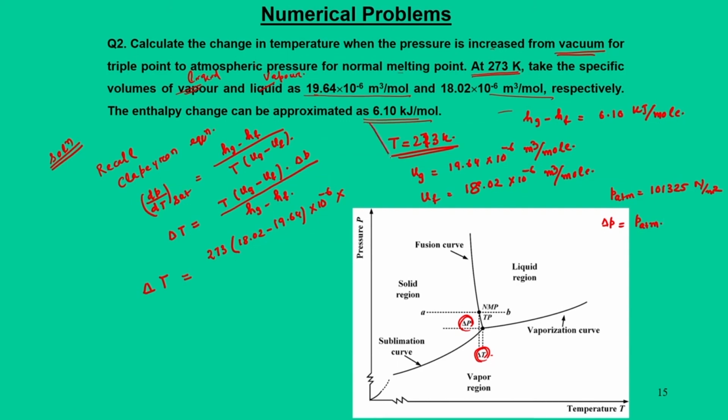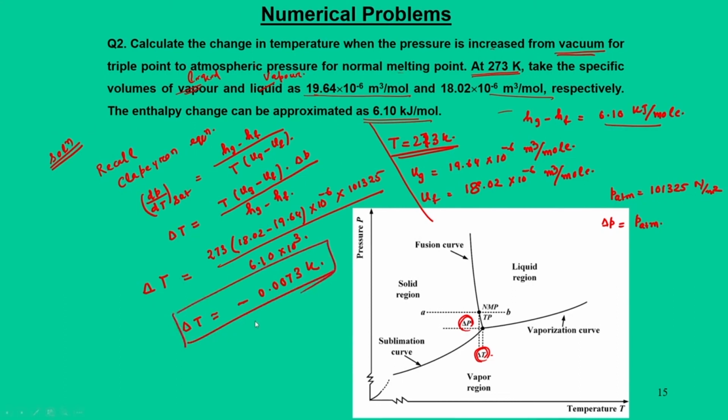Divided by Hg minus Hf, 6.10 into 10 to the power 3. After getting this, delta T would be about minus 0.0073 Kelvin.